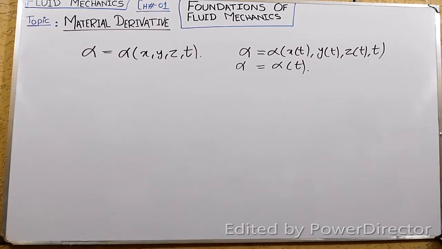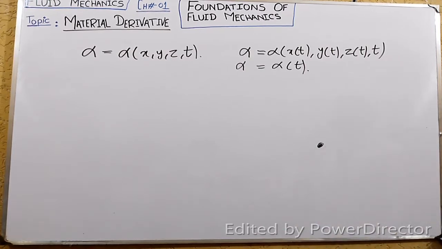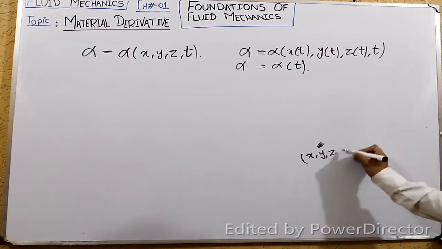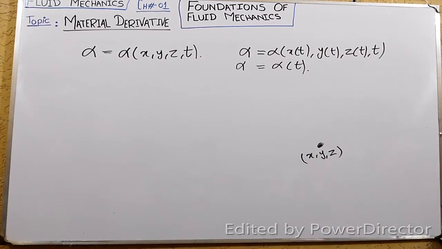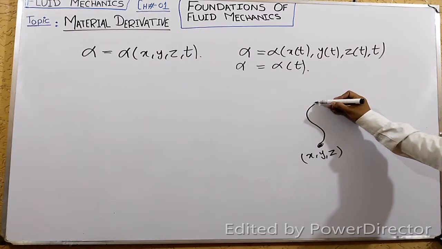Suppose that at some time t, the fluid element was at this position whose coordinates are x, y and z. Let me follow the motion of the fluid element for time delta t.